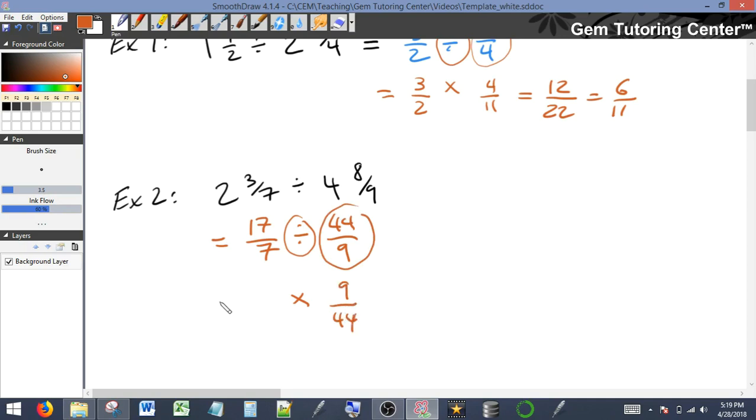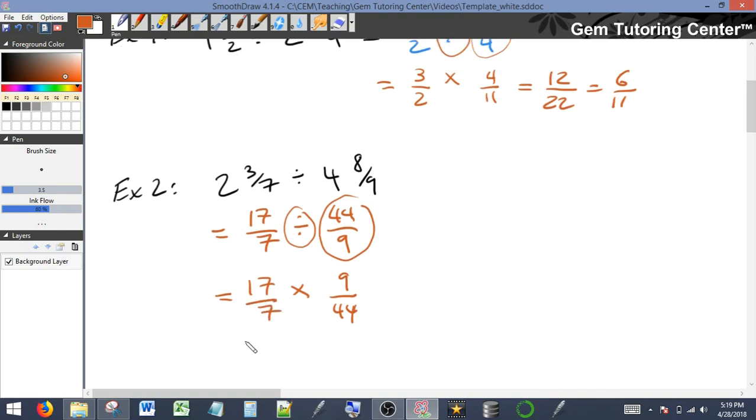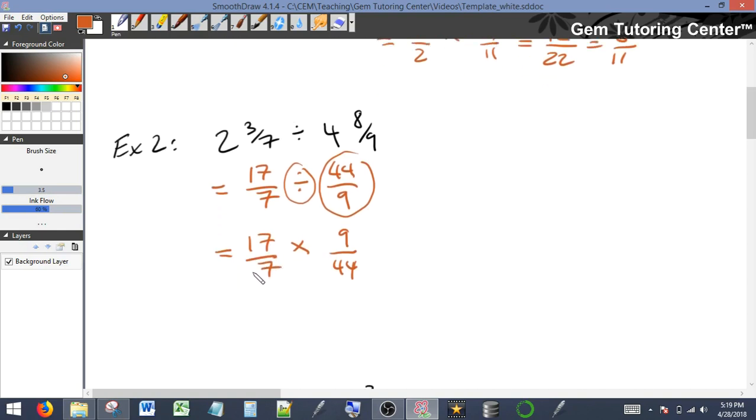So we have 17/7 times 9/44, and we can do the multiplication here. 17 times 9 is 153, and 7 times 44 is 28, 30, 308.